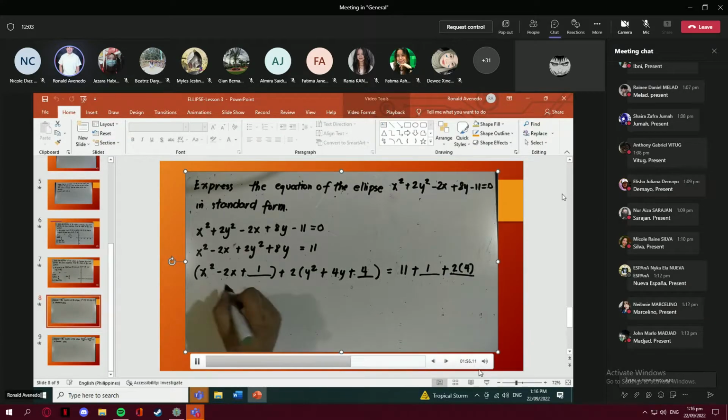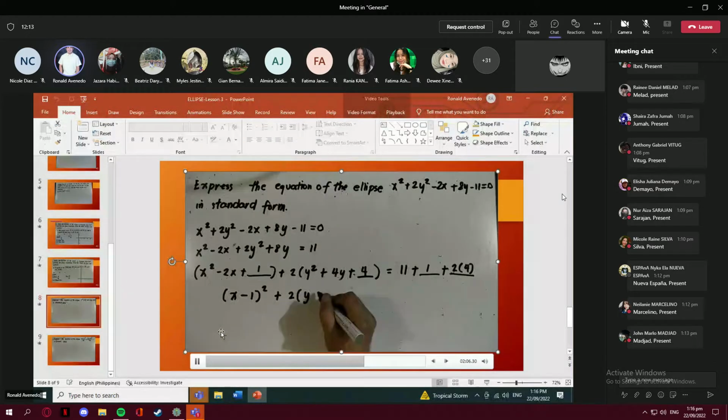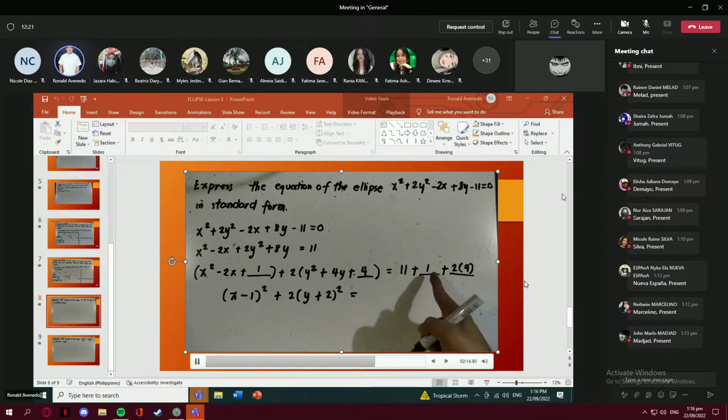Simplify. So this is x minus 1 squared plus 2 times the quantity y plus 2 squared is equal to 11 plus 1 plus 2 times 4. So 8 plus 1 is 9, plus 11 is 20.